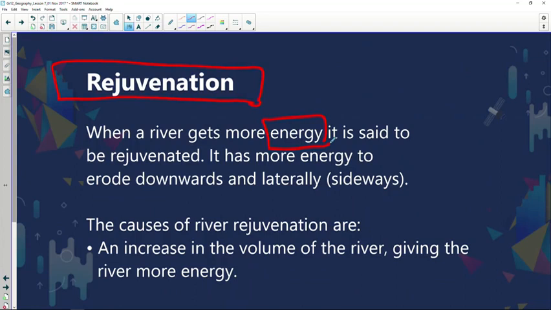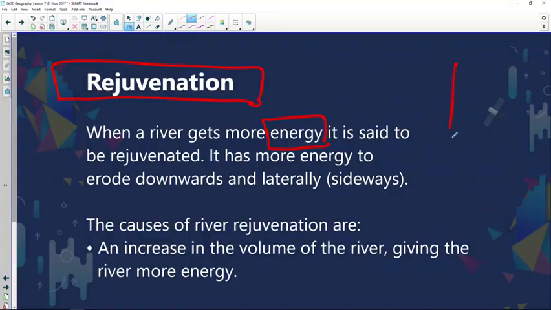But in this case, what happens with rejuvenation? If a river gets more energy, what do you think increases? Volume of water and velocity of water. And when we increase the volume of water and the velocity of water, what's going to happen?